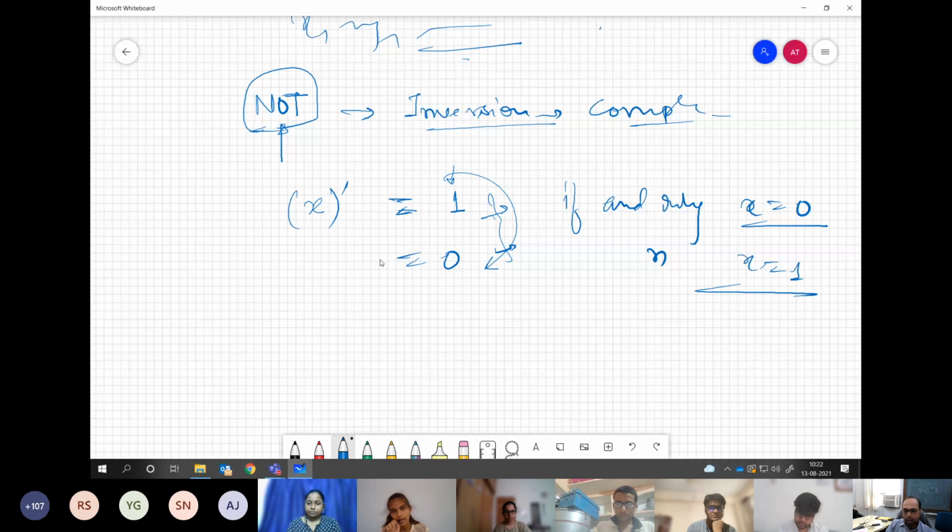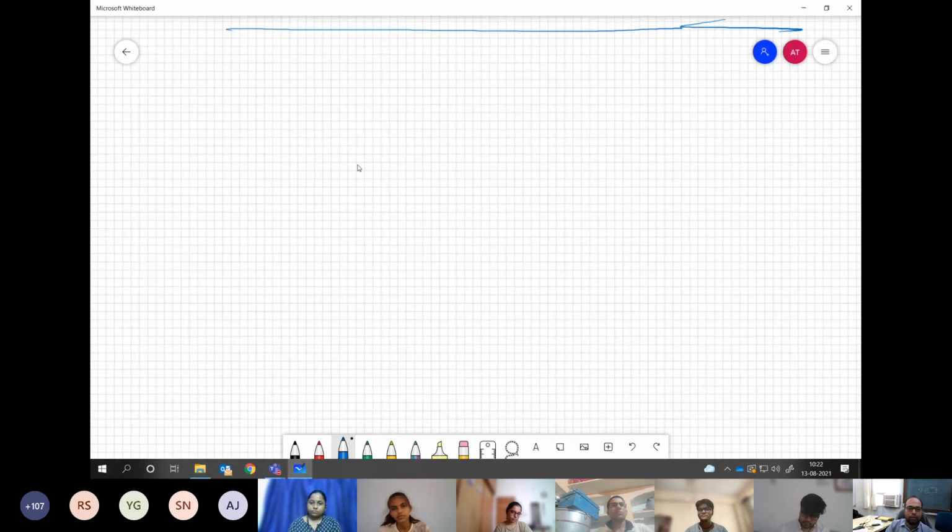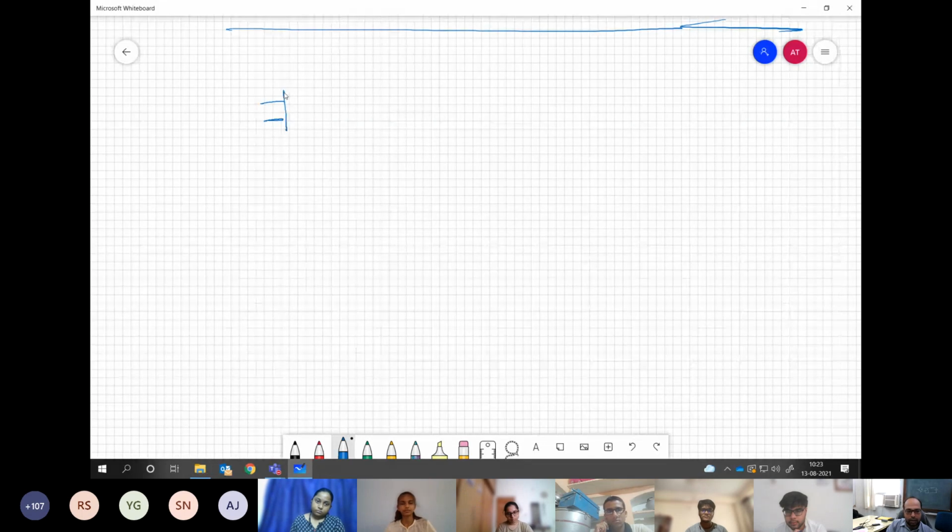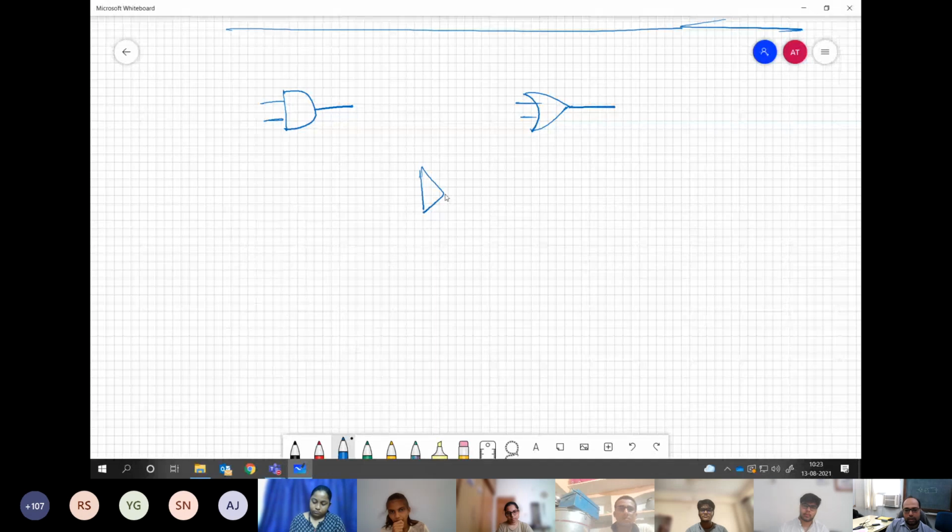Clear? Now, yes, of course, we have some representations for these. When we say representations, it means when we are trying to implement that, let's say digitally or even in analog circuits, we have to have some symbols to represent that. So for example, one symbol is this, another symbol is this, and another symbol is this.